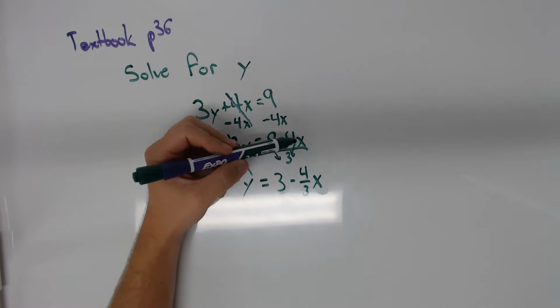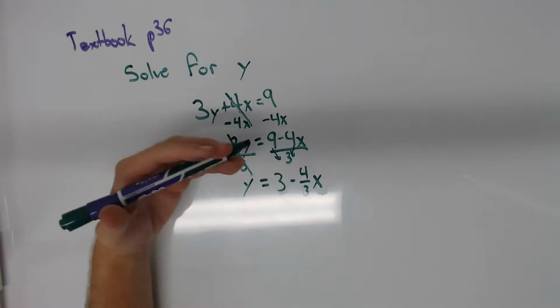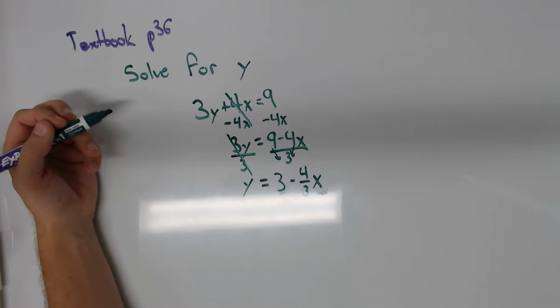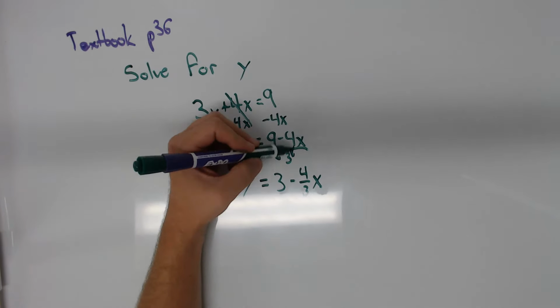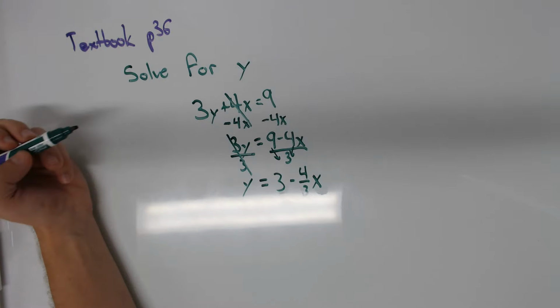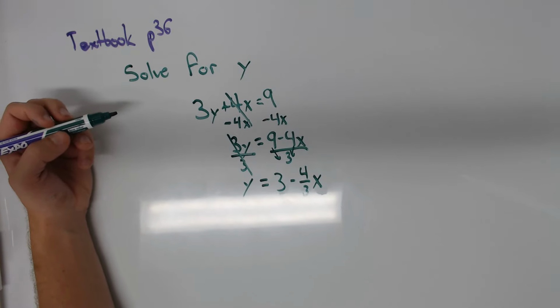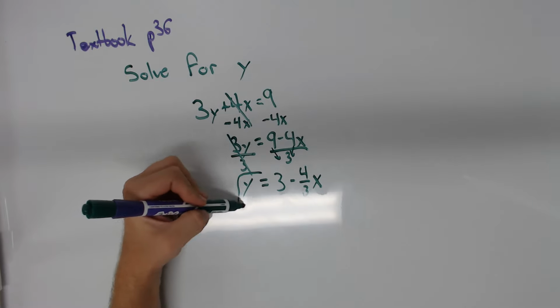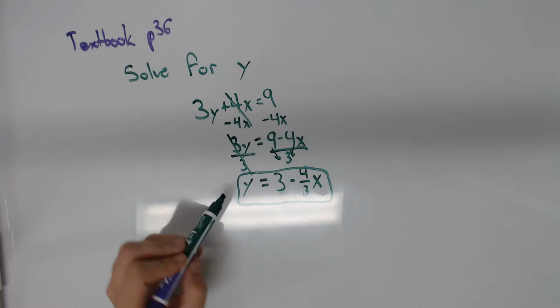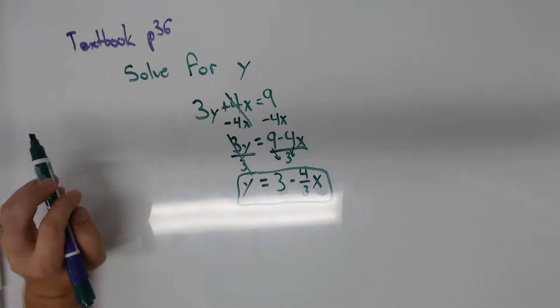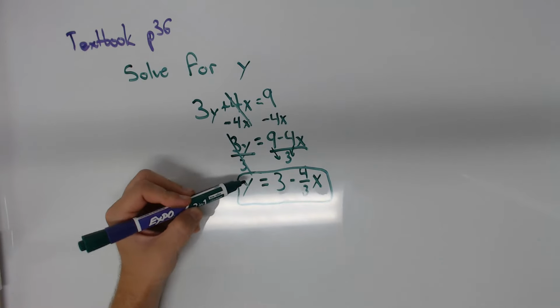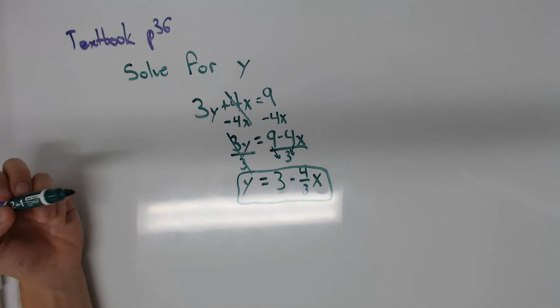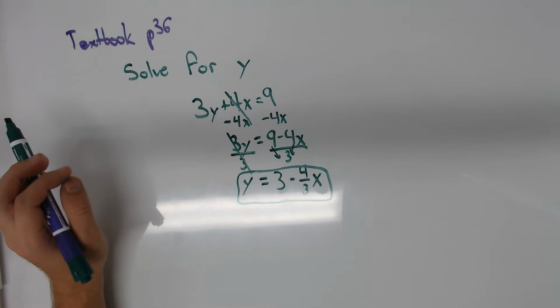So whenever you have something like this where you're dividing an entire part of an equation by 3, I can divide each thing, each term, by that 3 instead. So I think this looks a little nicer than leaving it as one big fraction. But that's solved. I solved for y in terms of x. Solve for y in terms of x. Get y alone, get x on the other side.